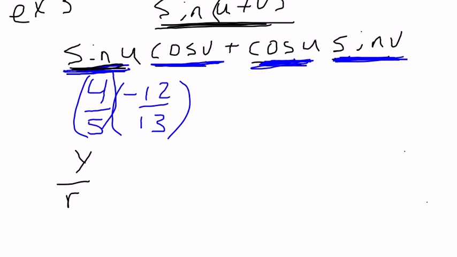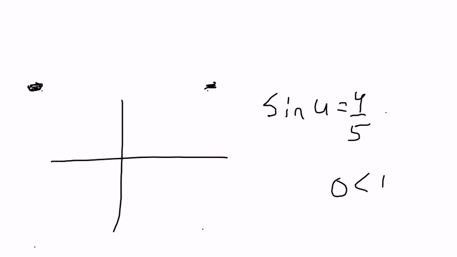We know it's positive, so automatically I know it has to be in quadrant 1 or 2. If it's in 1, we're going to have a positive cosine, because x would be positive. If it's in 2, we're going to have a negative cosine, because x will be negative. So we need to use the other piece of information behind sine of u equals 4/5, and that is 0 is less than u is less than pi over 2.